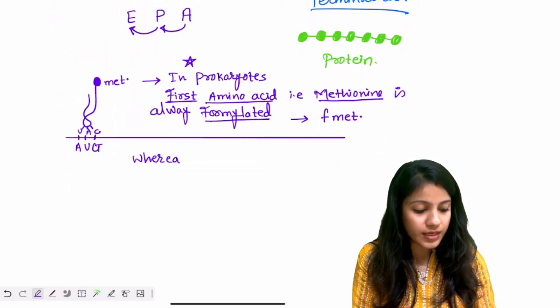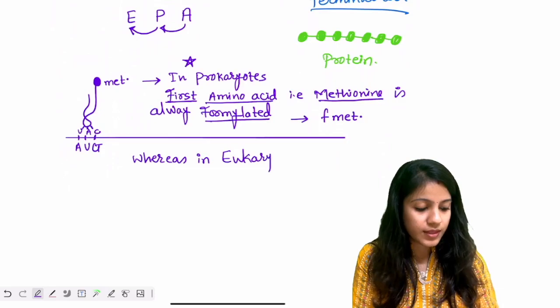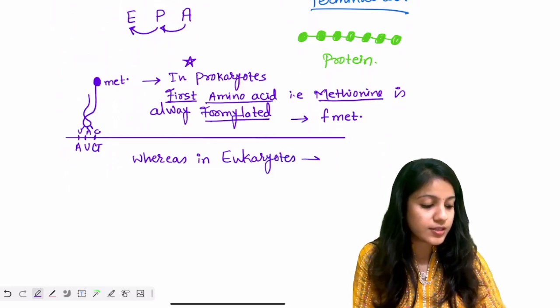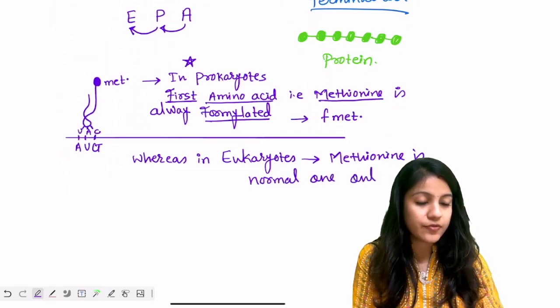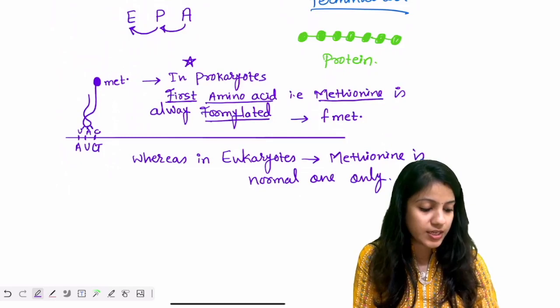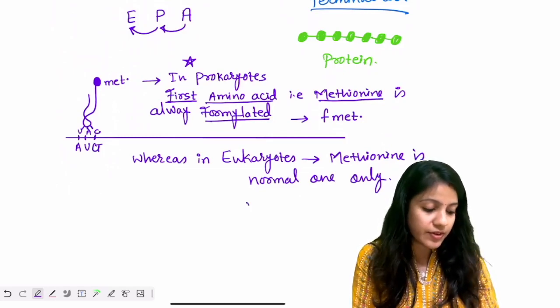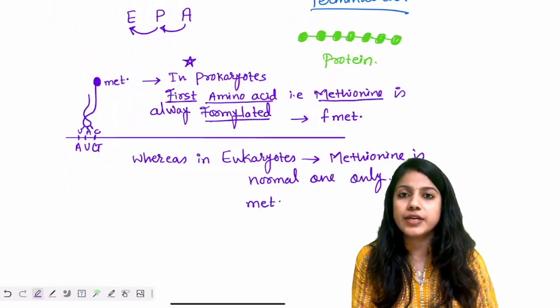Whereas in eukaryotes, in case of eukaryotes, methionine is normal methionine only. That means we won't be writing F-methionine in case of eukaryotes. Simply we will be writing methionine, right?